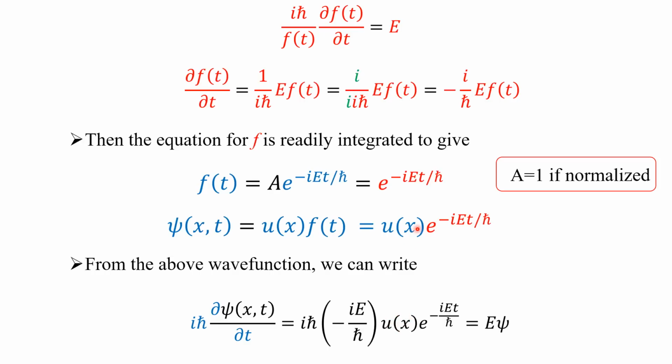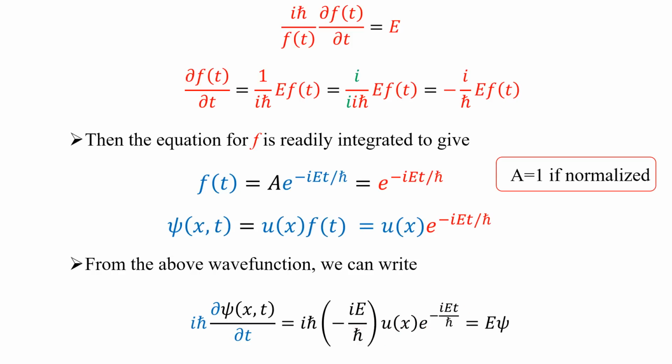Then you differentiate only the exponential term. The exponential term is minus iE over h cross. If you differentiate the exponential term, you will get minus iE over h cross. Of course, the exponential term also will appear here.